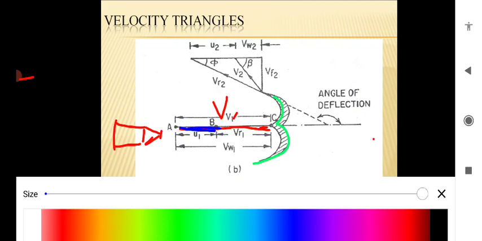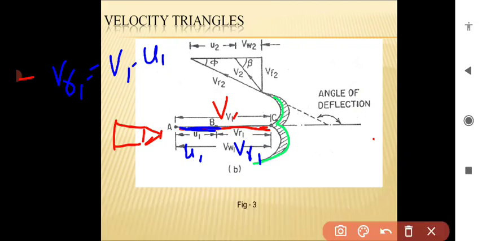A to B is the velocity of the blade, which is u1, and the remaining B to C is the relative velocity VR1. The relative velocity VR1 is equal to V1 minus U1, and the total from A to C is known as the whirl velocity, because the blade is moving as well as the jet is moving from A to C. It strikes the splitter and splits into this direction.